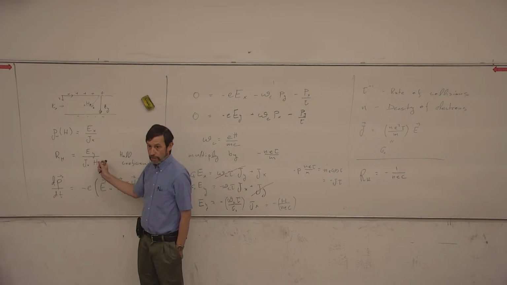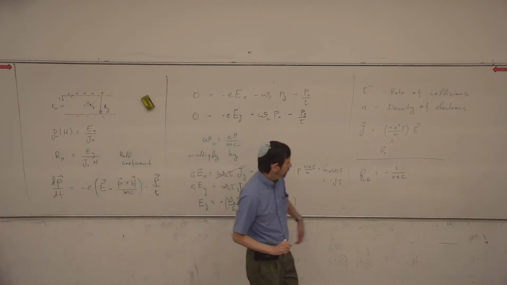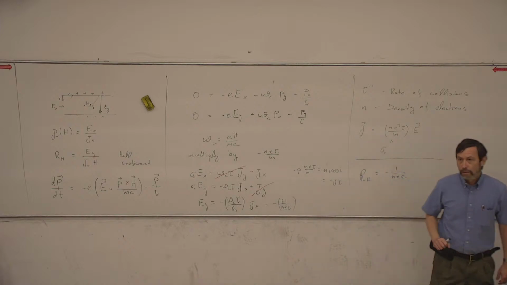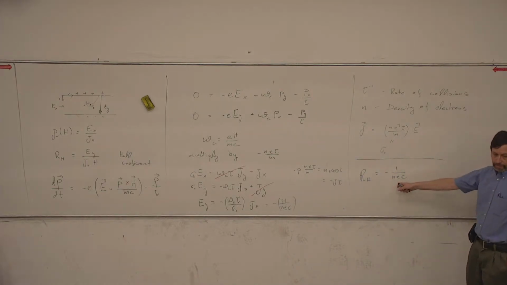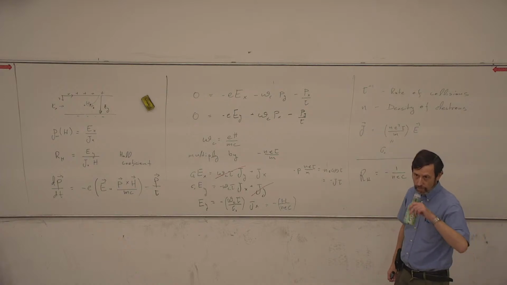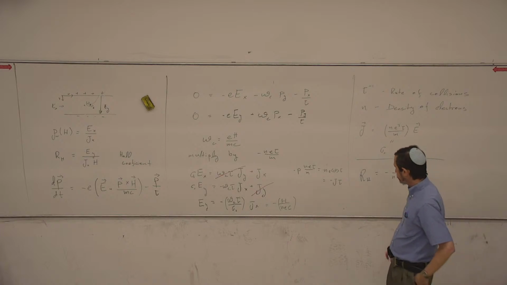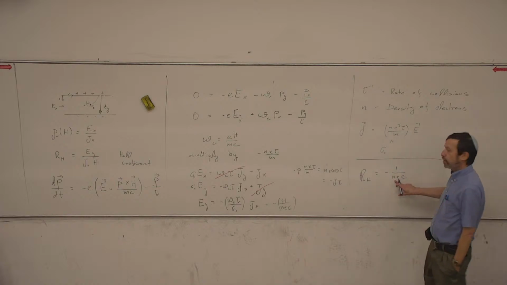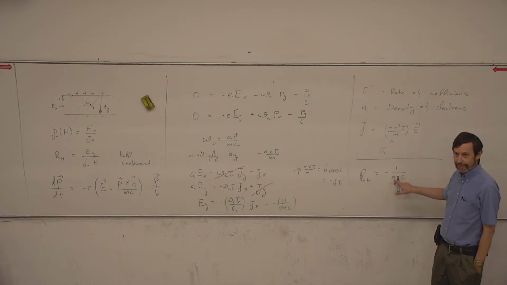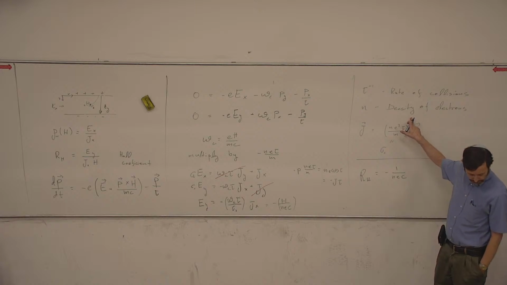I know the current and the magnetic field, and I come out with the density. So I can measure n independently and then plug in tau.